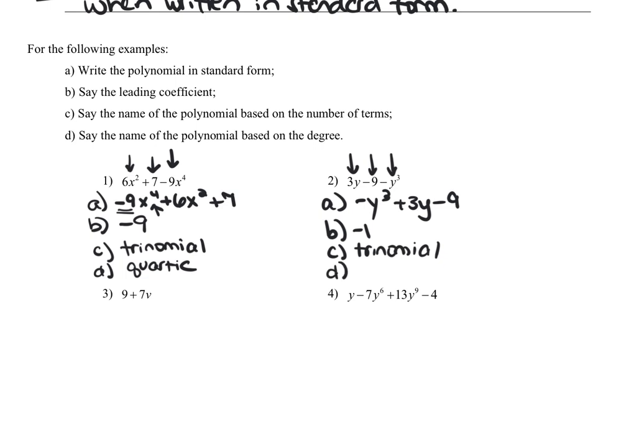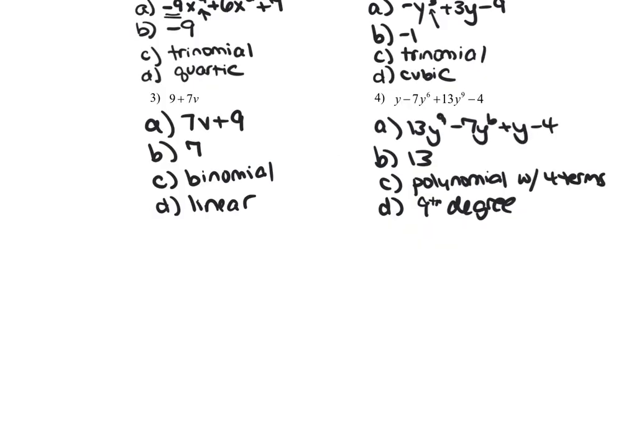And then the degree of the entire polynomial is the overall highest degree. Once in standard form, it's the first term, that is 3, and we call that cubic. Now go ahead and try numbers 3 and 4 and see if you can answer all 4 questions. And then I will put the answers there momentarily.